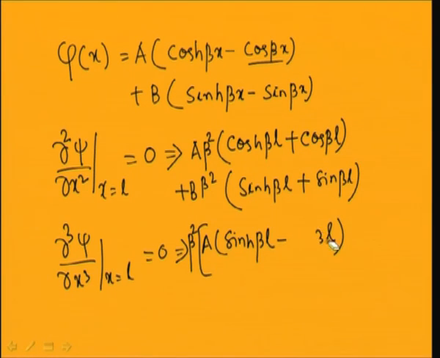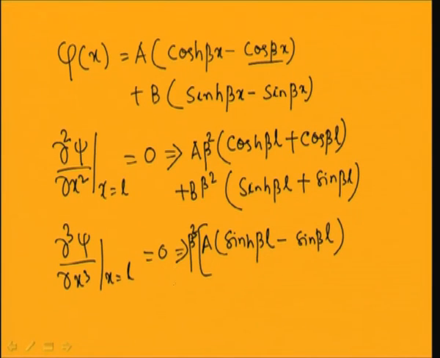So by differentiating it thrice, we get sin beta L. As we are differentiating thrice, this becomes beta cubed: beta cubed A into sin hyperbolic beta L minus sin beta L.